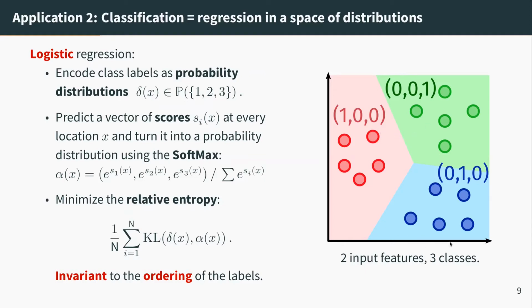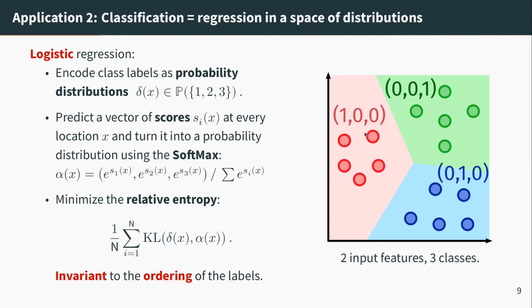Here, for the second class, I say that I have observed 0, 1, 0. And for the third class, I say that I have observed 0, 0, 1. Okay, so basically I have embedded my labels in a space of 3-tuples of positive numbers that has the right symmetries.